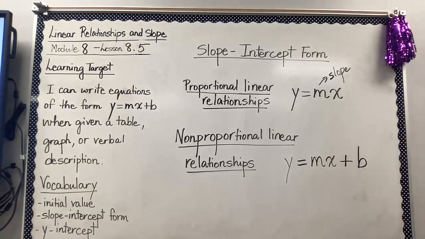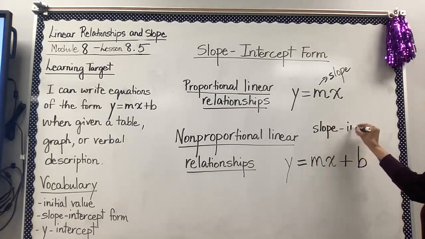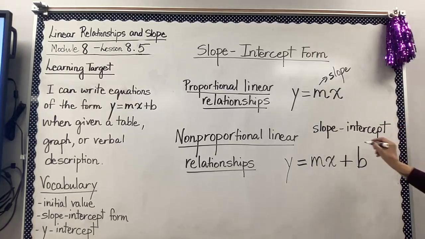And this is my slope intercept form of a line. So non-proportional linear relationships can be written in the form y = mx + b, and this is called your slope intercept form.